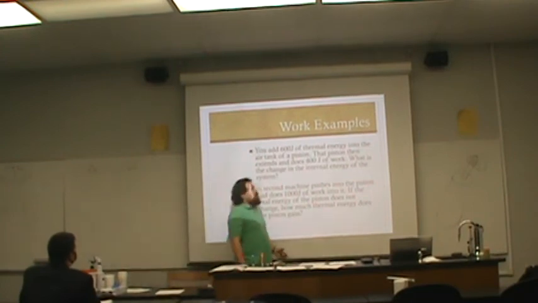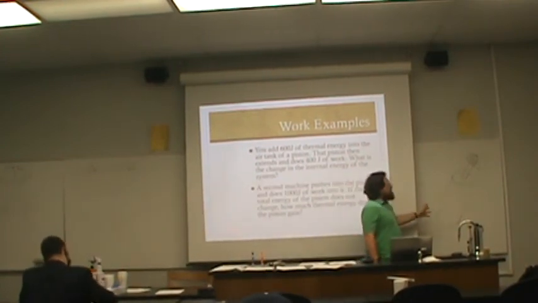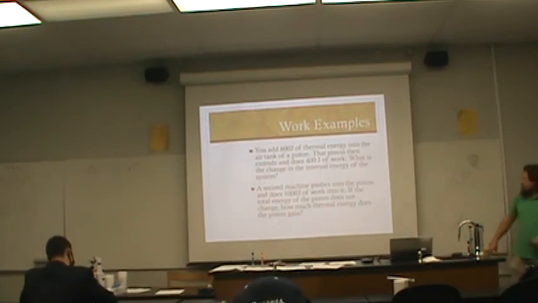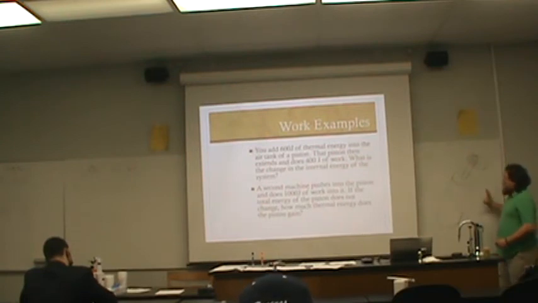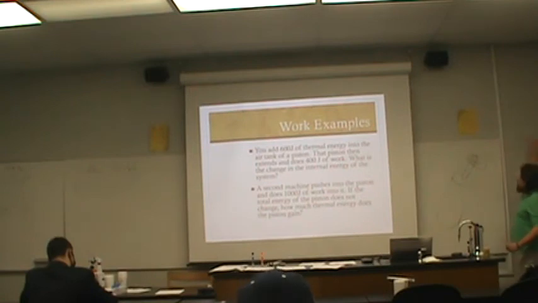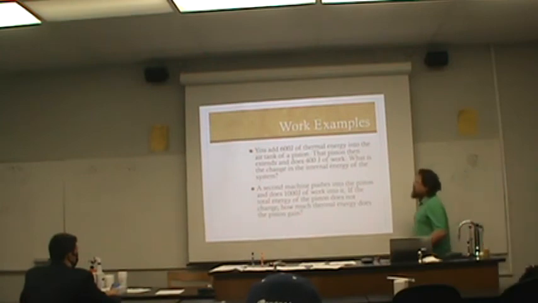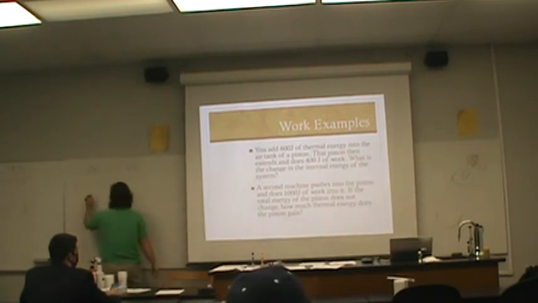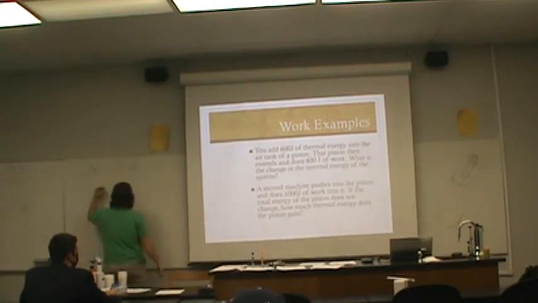If your machine has a piston in it and you want the piston to expand, you do that by adding thermal energy into the gas inside of the piston. So we add 600 joules, and that gas will expand and press outwards on the plunger, pushing out and doing work. The system will do 400 joules worth of work.